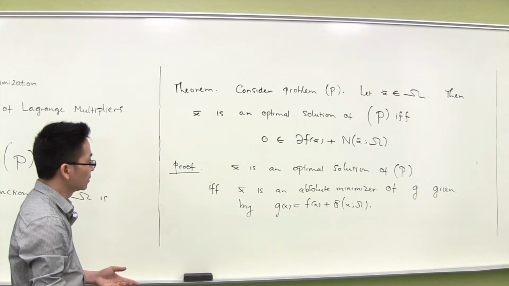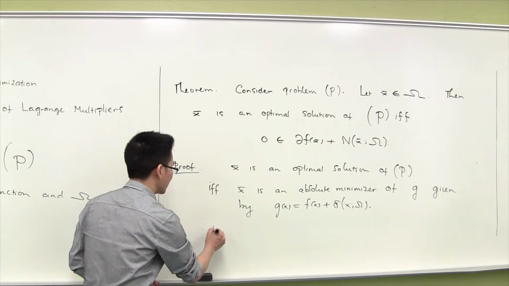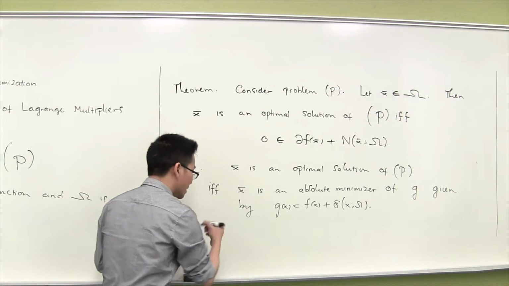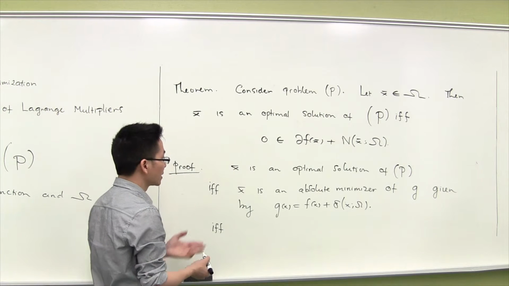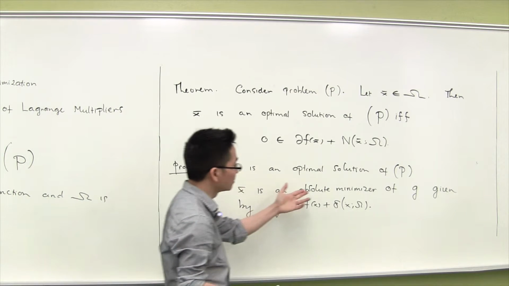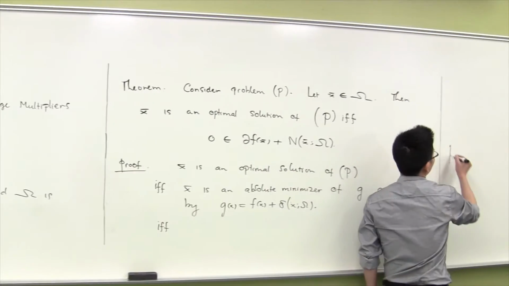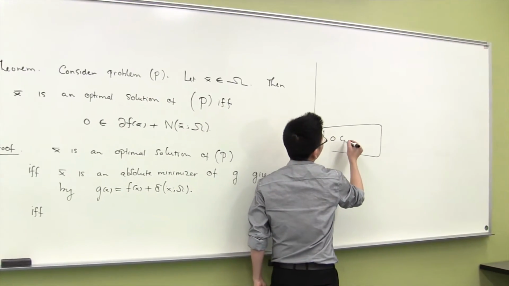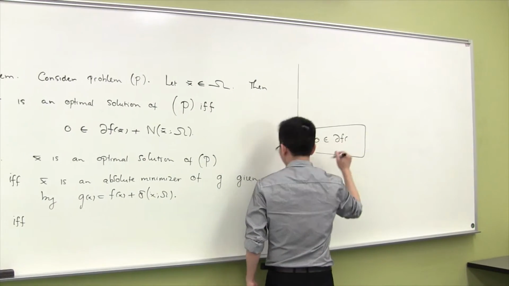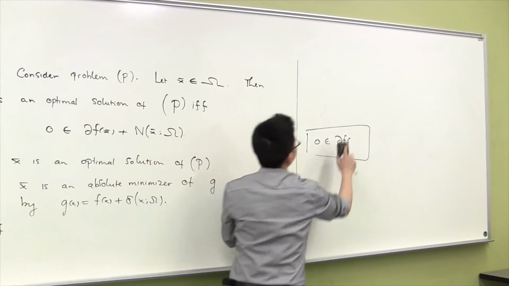This is true if and only if, by the Fermat subdifferential rule, x bar is an absolute minimizer of a convex function if and only if 0 belongs to the subdifferential of that function at x bar.